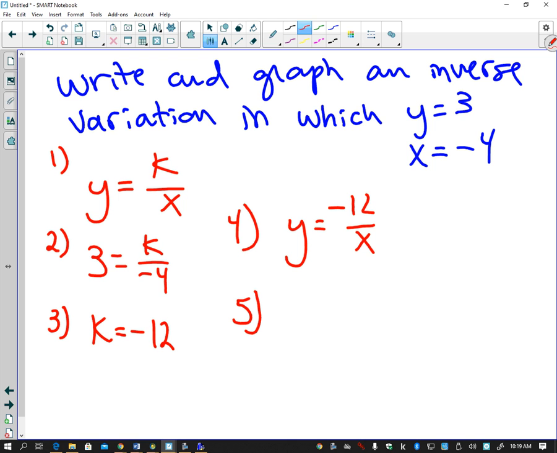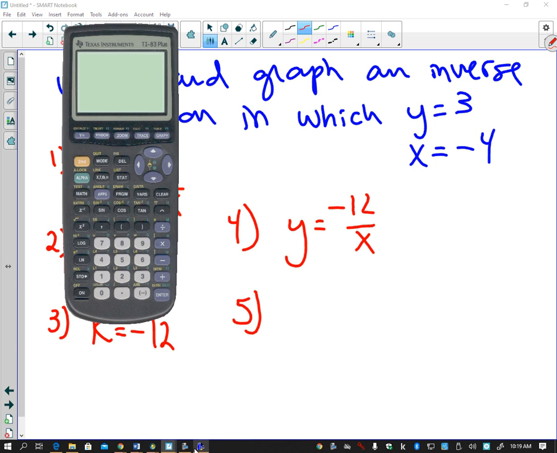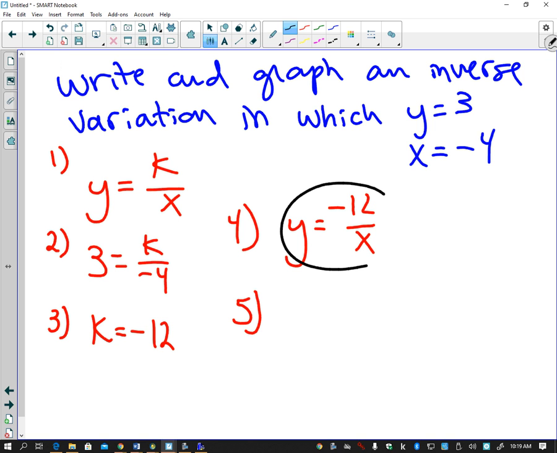All right? Hopefully everybody tomorrow has a graphing calculator, because what you're going to do is you're going to come over here, you're going to put -12 divided by x. Okay? And you're going to get something that looks like that. Now, there will only be one answer that looks like this, so the graph is less important.